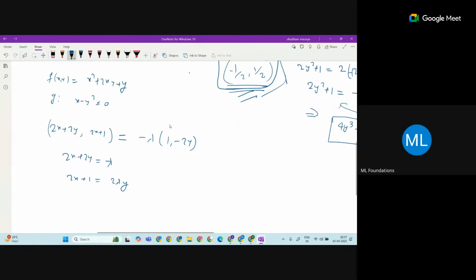Now we have three variables: lambda, x and y, and we have to solve this. We only know one thing: lambda is greater than or equal to 0, not only that, lambda is going to be positive.